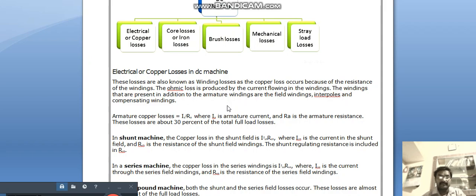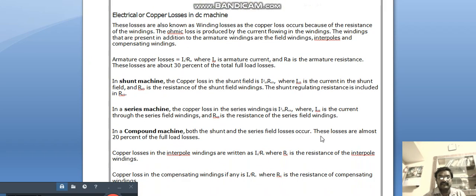In a series machine, the copper loss in the series winding is Isc square into Rsc. Copper loss or electrical loss or ohmic loss is produced, where Isc is the current through the series field winding and Rsc is the resistance of the series field winding.